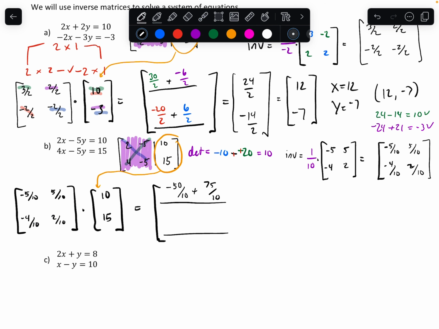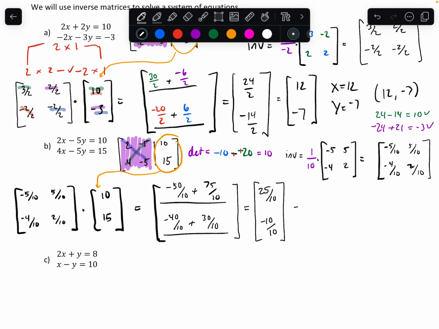So it'll be negative 40 tenths. And then plus 2 tenths times 15, so it'll be 30 tenths. Negative 50 plus 75 is 25, so 25 tenths. And then negative 40 plus 30 is negative 10, so we have negative 10 tenths.